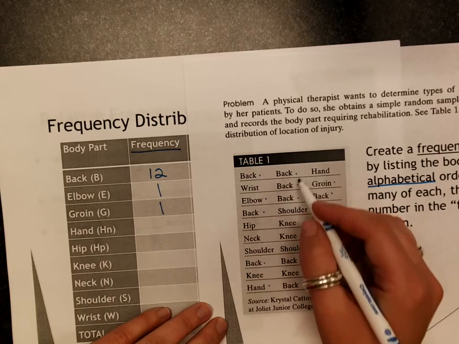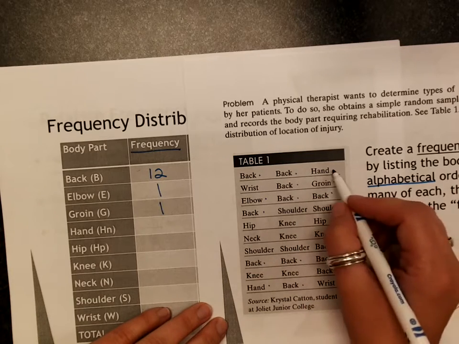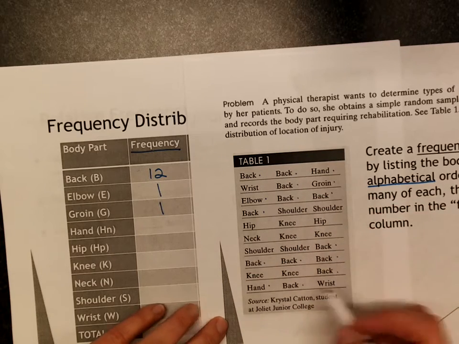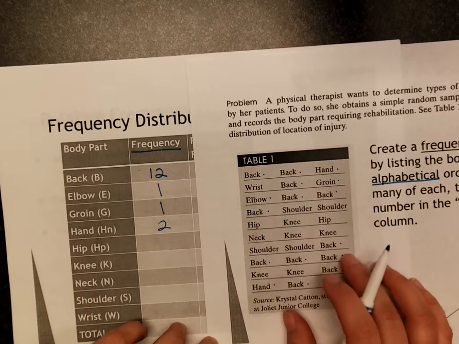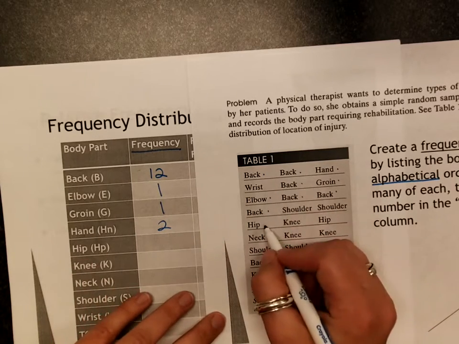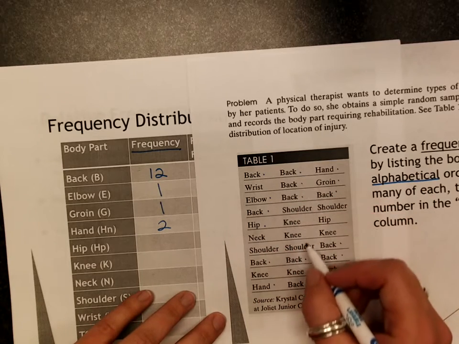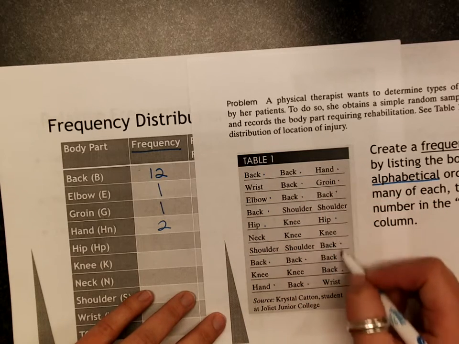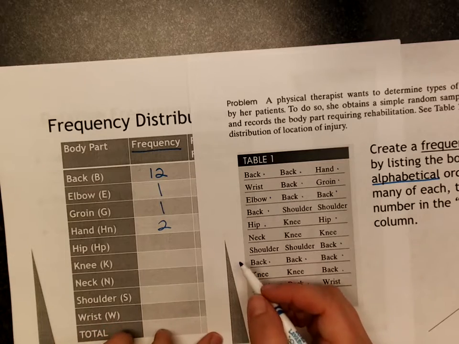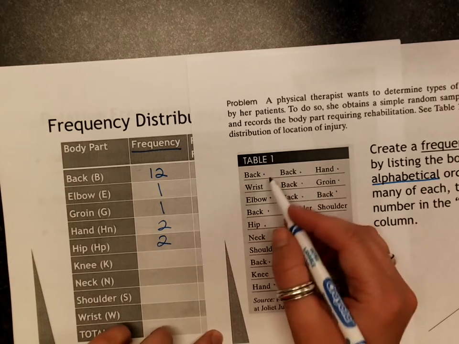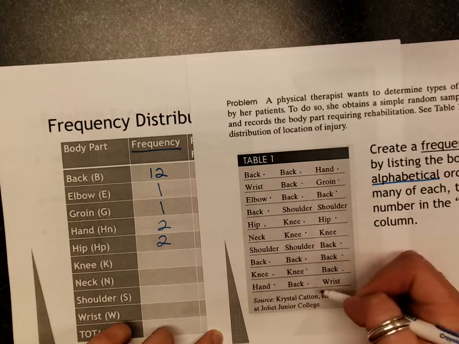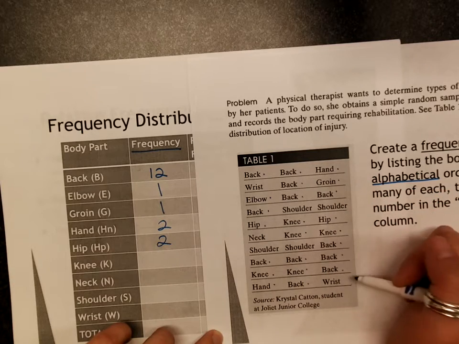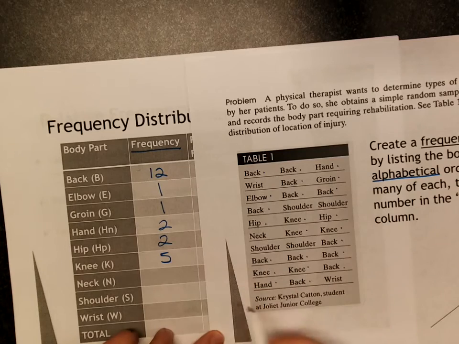Hand. There's 1, 2, and that's it. 2 for hand. Then we have hip. 1, 2, and that's it. 2 for hip. Knee. 1, 2, 3, 4, 5. 5 for knee.